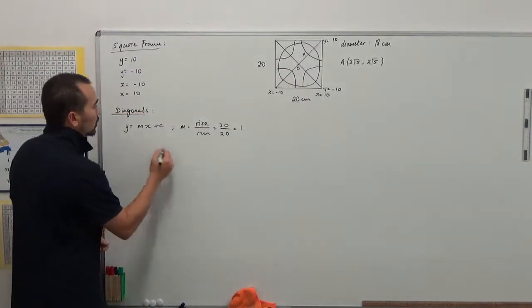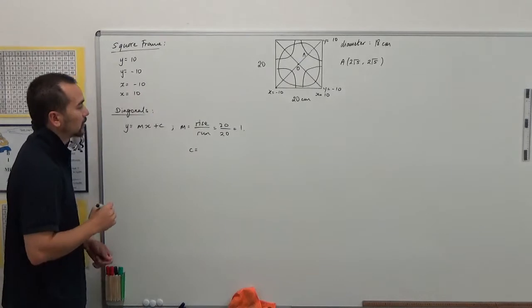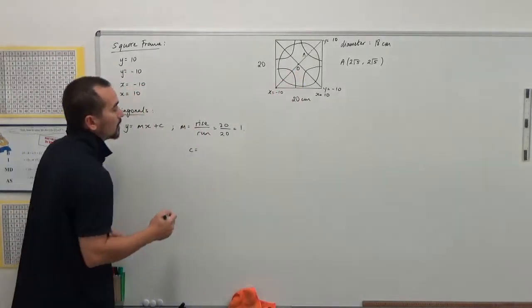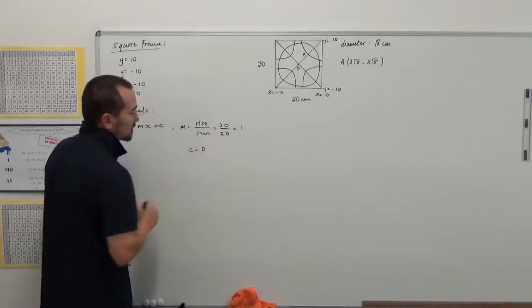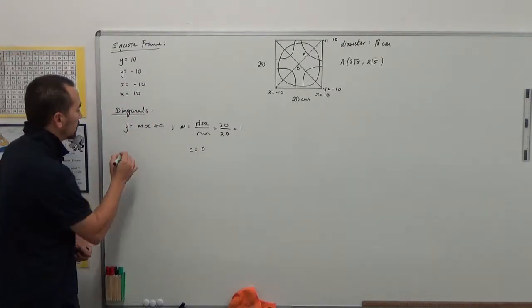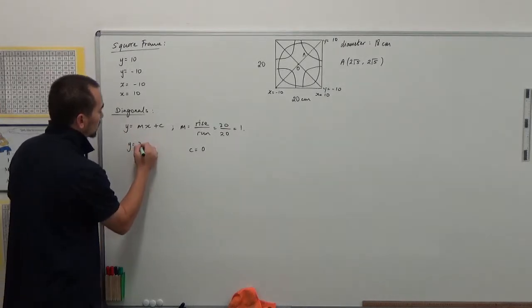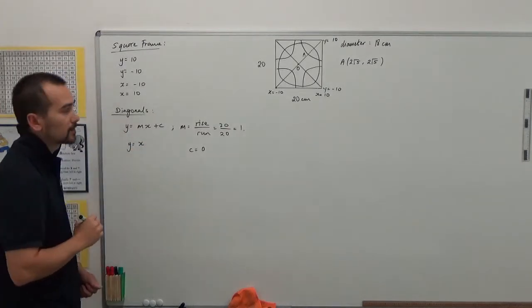Okay. What is the c value? Well, the c value is always the y-intercept, and it goes through the origin. So in this case, c is equal to 0. So we have our equation to be 1x plus 0, which is just x.